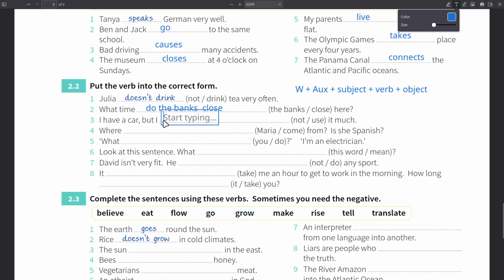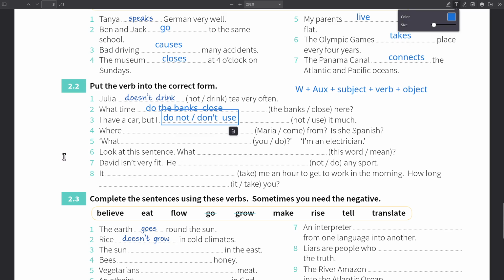We can use "do not", the long form, or we can also use "don't", the contraction. This is the short way, and this is the long way, which is more formal, but it's the same. In this case, I do not or I don't, then our verb, use. So: I have a car, but I don't use it much.